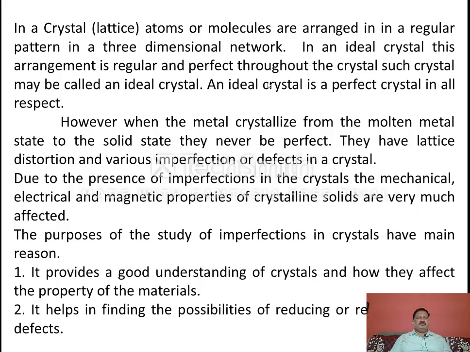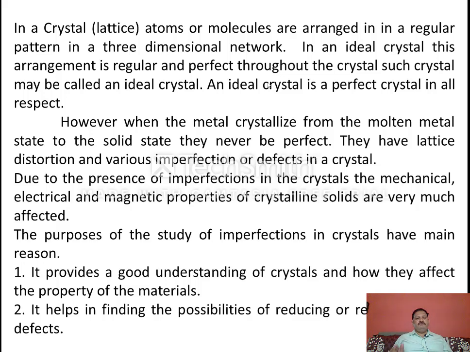Or you can say perfect crystal. But during this crystallization process, or because of some thermal vibrations, some imperfections, or you can say defects, are going to happen in a crystal. So due to the presence of imperfections or defects in the crystal, the mechanical, electrical and the magnetic properties of the crystalline solids are very much affected.